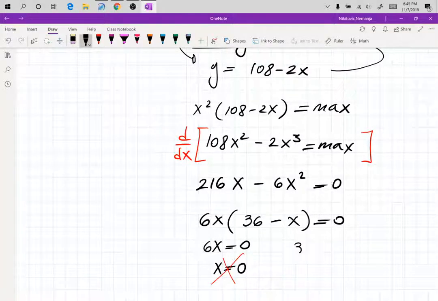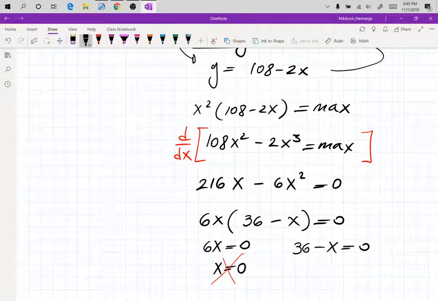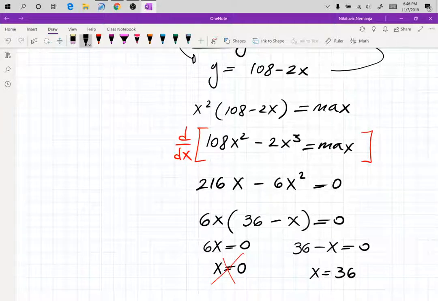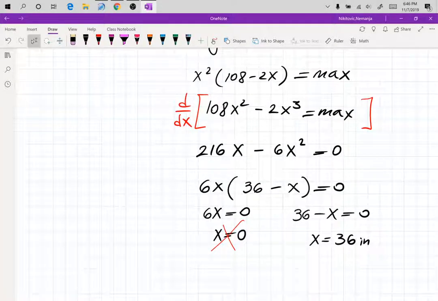And then we have 36 minus x equals 0, x equals 36 inches. That's the length and the width of the box.